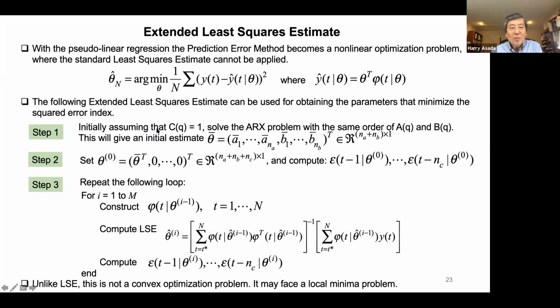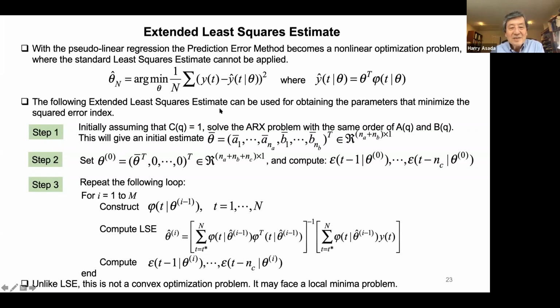So how can we get the first estimate? One technique here, the extended least square estimate, is first to assume that all the coefficients of C are 0. In other words, C(q) is just 1. C(q) should be 1 plus C1 q minus 1, plus C2 q minus 2, but let's start with the bold assumption that C(q) equals 1.